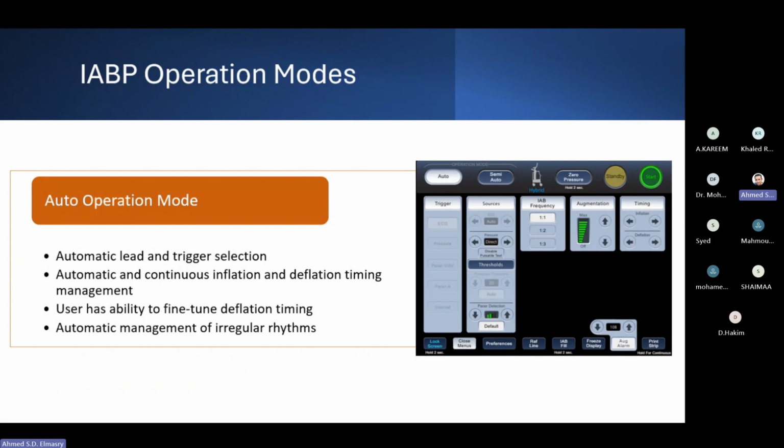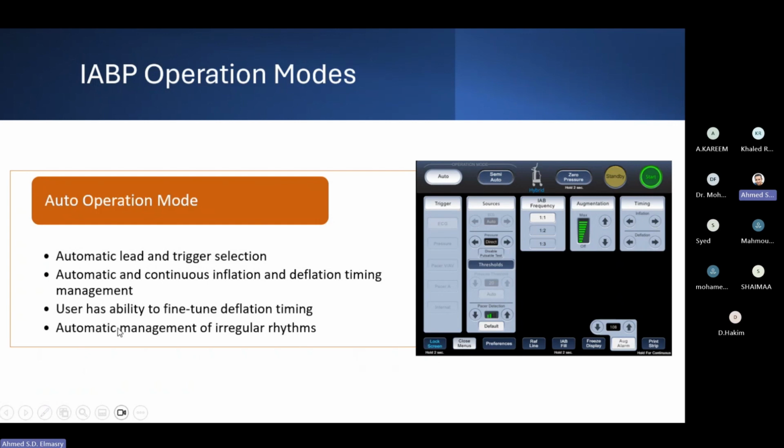In the auto operational mode, the machine will detect the best trigger for the inflation and the best trigger for the deflation, but the operator will be able to adjust the timing for the deflation in the auto mode. The operator will not have the ability to adjust the timing for the inflation, because the inflation point will be decided by the machine.